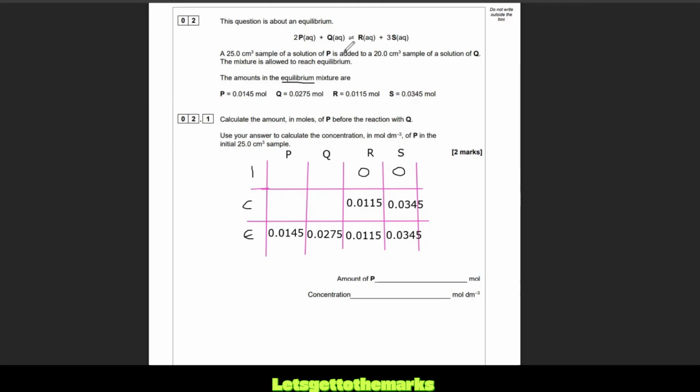P has a coefficient of 2. If R changed by 0.0115, then P changed by double, so it's going to be 0.0230 because you times that by 2.